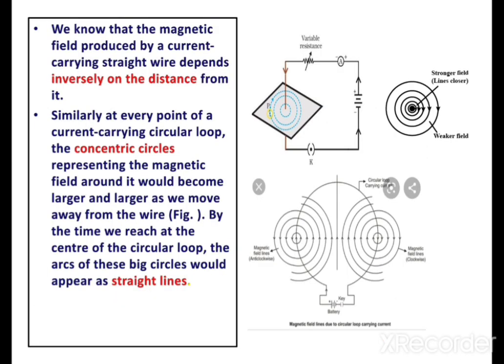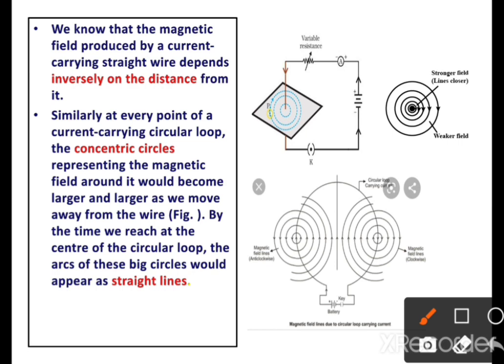We know that the magnetic field produced by a straight current carrying conductor depends inversely on the distance from it. So this is a magnetic field around a straight conductor. It depends on the distance. That means the magnetic field strength is inversely proportional to the distance. What is the meaning of that?